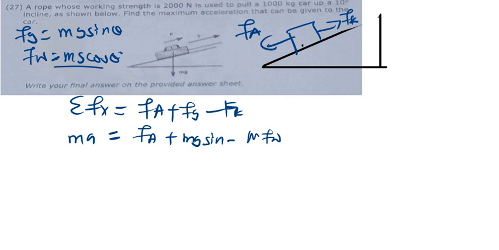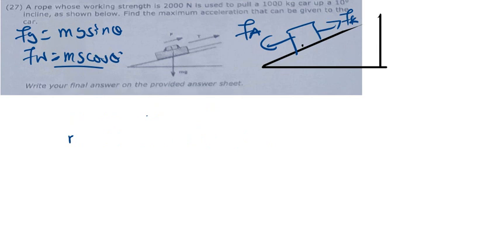Now the last one, I want you again to tell me, what if we have the applied force moving in that direction, and we have the friction force here, and this object is moving in this direction, going up the incline. What formula are we going to use to find the acceleration?